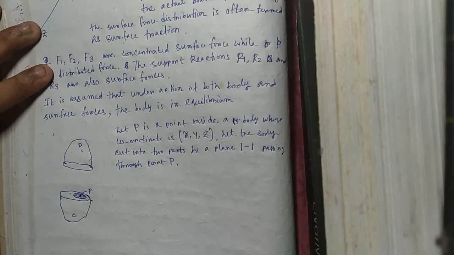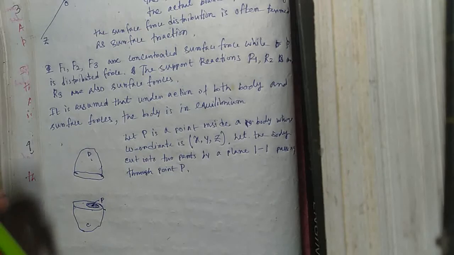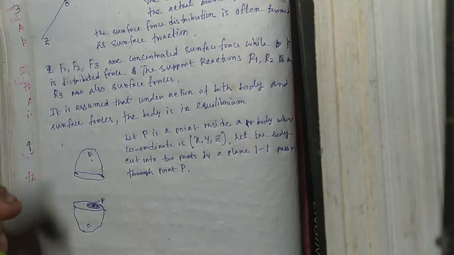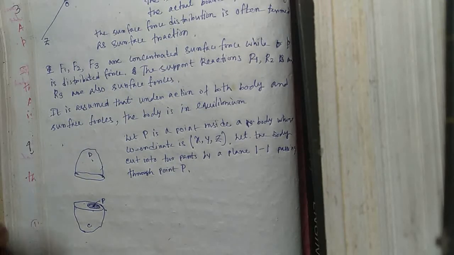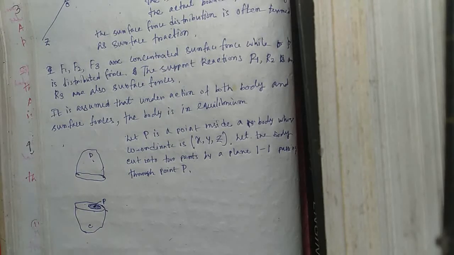If we consider the free body diagram of C and D, then each part is in equilibrium under the action of externally applied forces and the internally distributed forces across the interface.